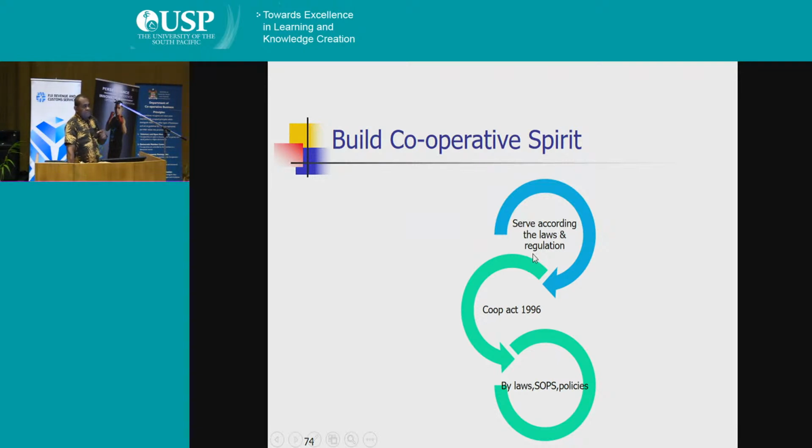What binds them, or what ties them together? The Senate. What's the Senate? Serve according to laws and regulation, abide by the Cooperative Act 1996. We have the SOP that connects them all together, that guides them, that governs them.